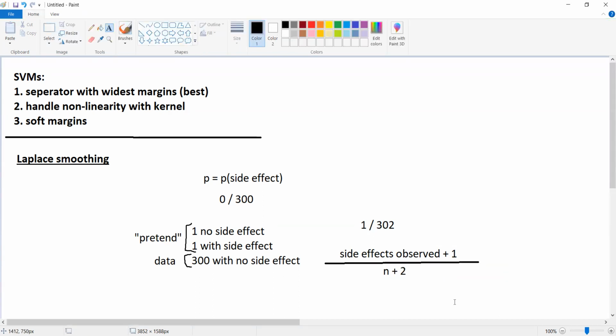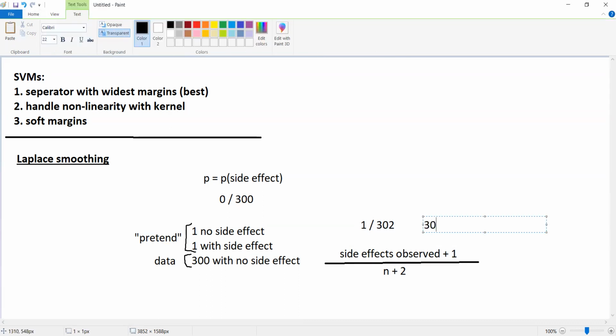Another thing you will see is that if you work it out, these will always sum up to 1, because we will have 1 over 302 with the side effect, and 300 plus 1 over 302 with no side effect, right? So I'm just going to write 300 and 1 over 302.